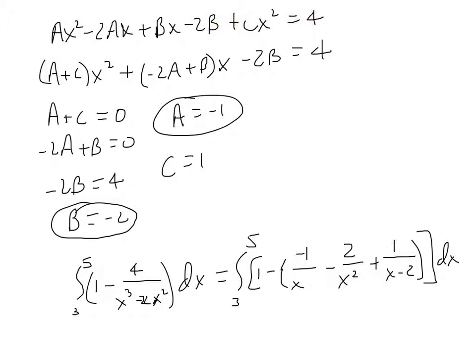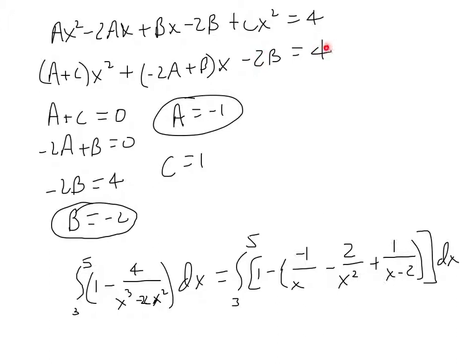What we can do then is collect our like terms. We've got ax squared and cx squared; we'll factor the x squared off and we'll wind up with a plus c. Then we've got minus 2ax and bx; we'll factor the x off and we'll have minus 2a plus b. And then we have the minus 2b, that's our only constant term. And all that is equal to 4.